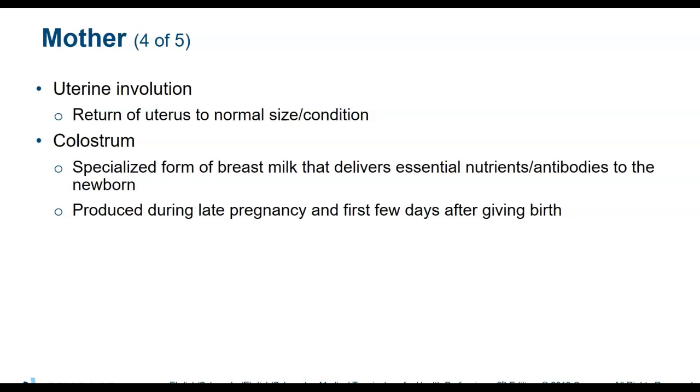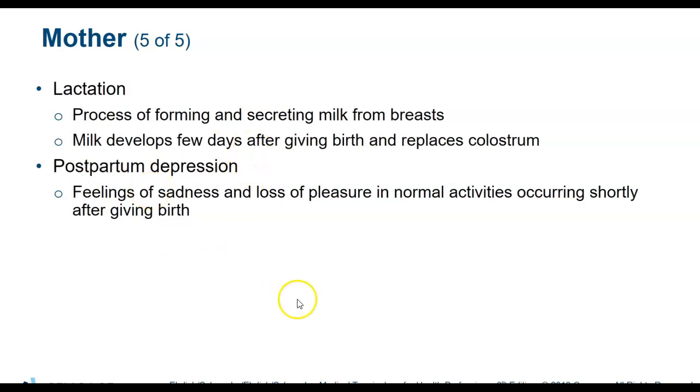It's a very light colored, almost whitish fluid, but colostrum is really important for babies to help with their immune system. Again, this is produced during late pregnancy and the first few days after birth. Lactation is the process of forming and secreting milk from the breasts. After a few days after giving birth, the colostrum will be replaced by breast milk.